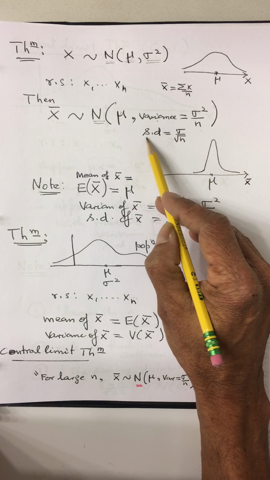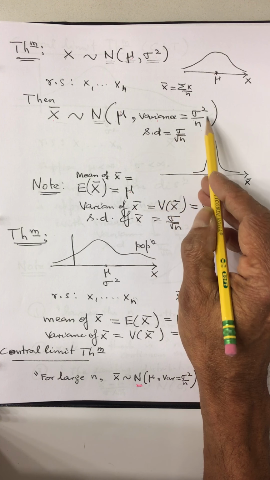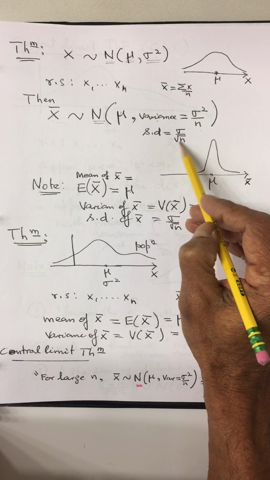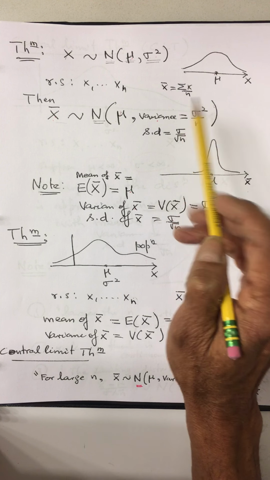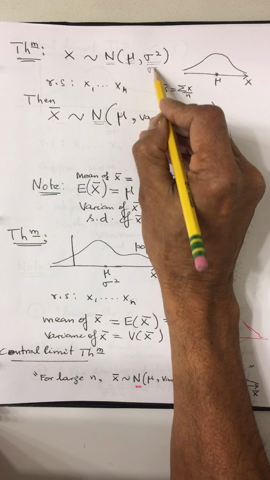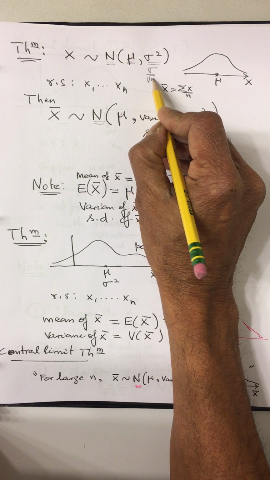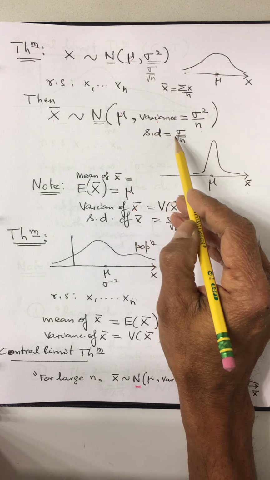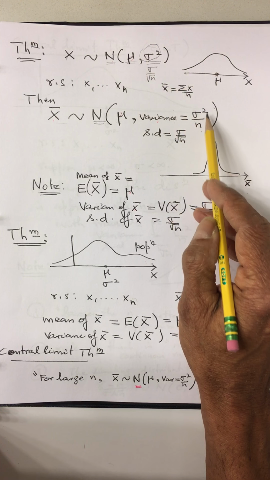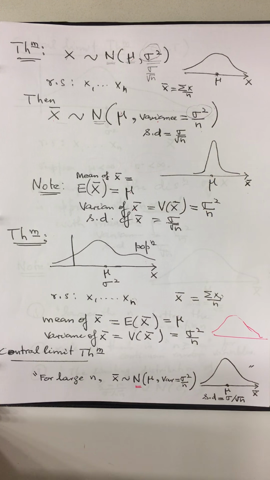Okay, so in other words, the standard deviation is the square root of that, sigma divided by square root of n. In terms of the variance, it is sigma square divided by n.